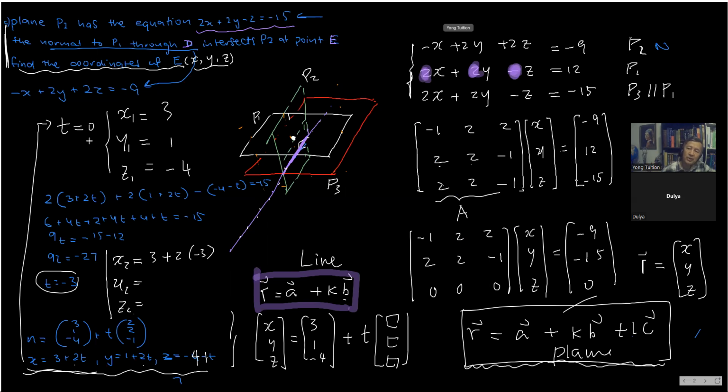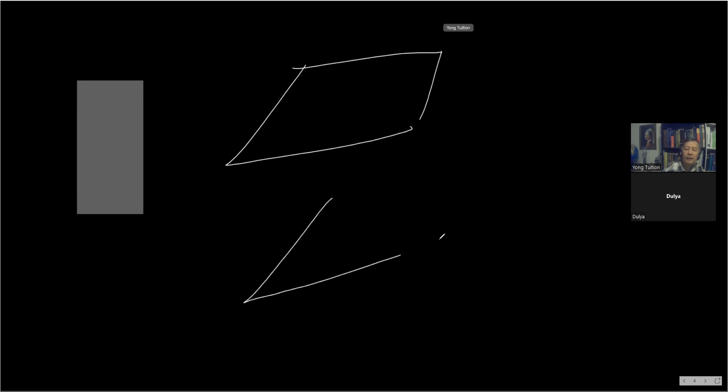When you choose t to be 0, the three numbers will give you the first point, which is on one of the planes. This would be the position of the first plane. I think it's solved. We have two parallel planes, and we know the straight line is perpendicular to both.